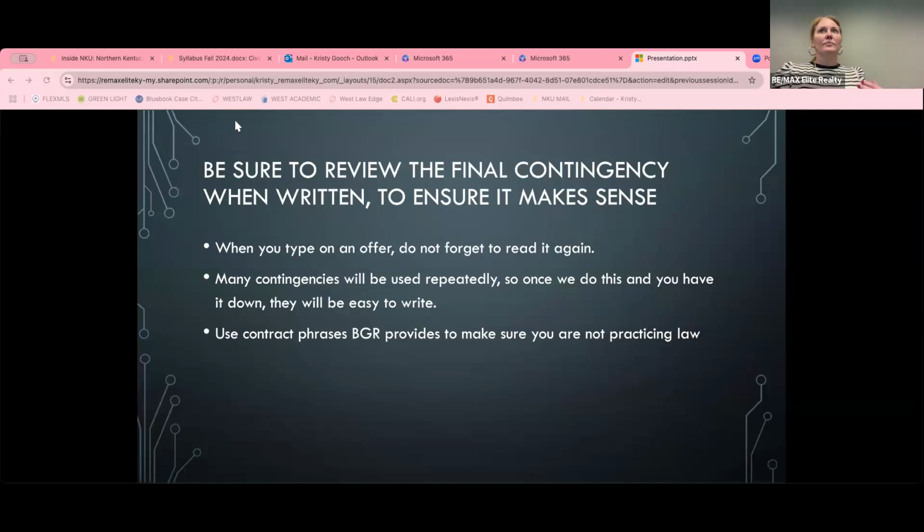So our next sentence would be, if buyer does not or cannot divide the 40 acres of land into 10-acre tracts in a satisfactory manner, buyer may choose at their sole option to void this contract with earnest money being refunded to the buyer.